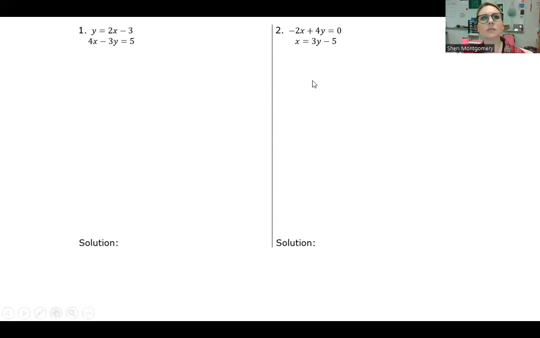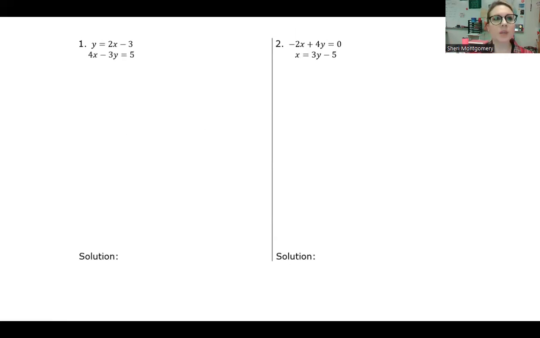Let me see if I can bring this down so y'all can see it. Okay, that's better. So if you're using the substitution method, we're going to take the y equals part.